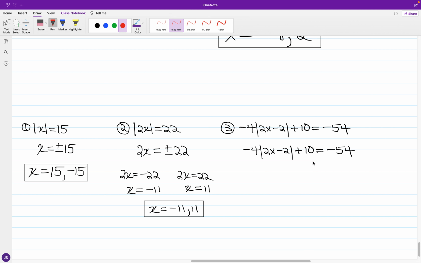We isolate the absolute value of 2x minus 2 and work around it. I can proceed by taking 10 away from both sides. So here we have negative 4 times the absolute value of 2x minus 2 is equal to negative 54 minus 10, which becomes negative 64.